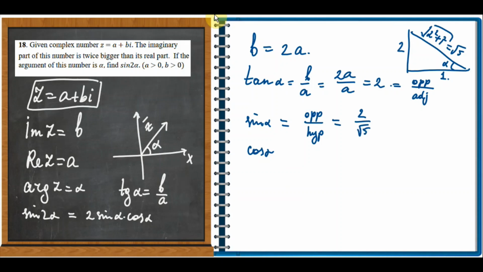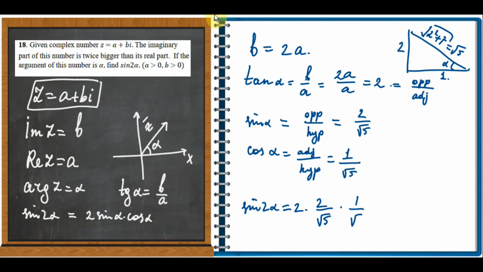Cosine alpha will be adjacent over hypotenuse, so that is 1 over square root of 5. And if we want to find sine 2 alpha, it's going to be 2 times sine alpha, 2 over square root of 5, multiplied by cosine alpha, 1 over square root of 5. So when we multiply denominators, it's going to be just 5. 2 times 2 times 1 is just 4. So the correct answer is 4 over 5 or 0.8.